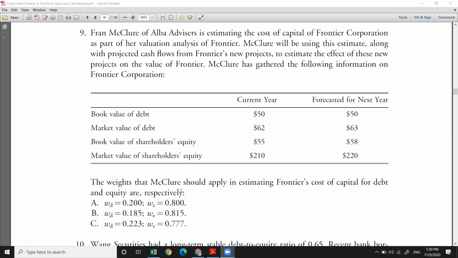So you need to estimate the proportion of debt and the proportion of equity. For debt, it is debt over debt plus equity.